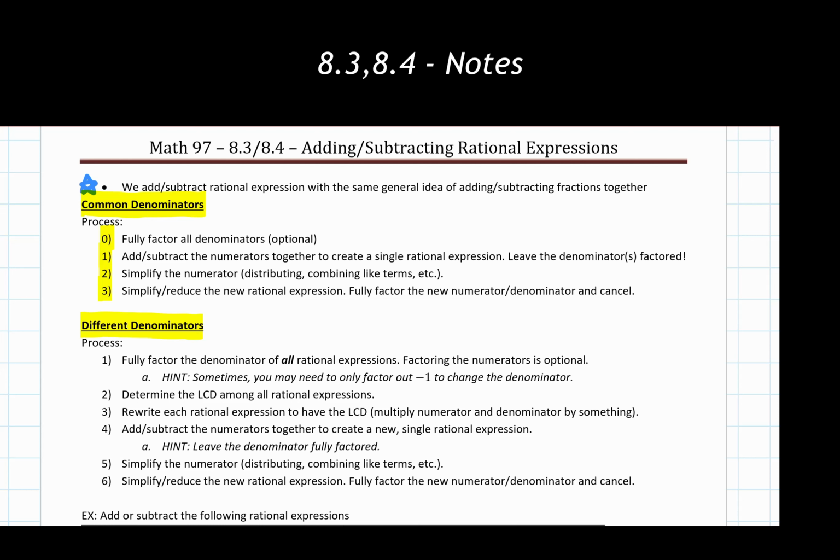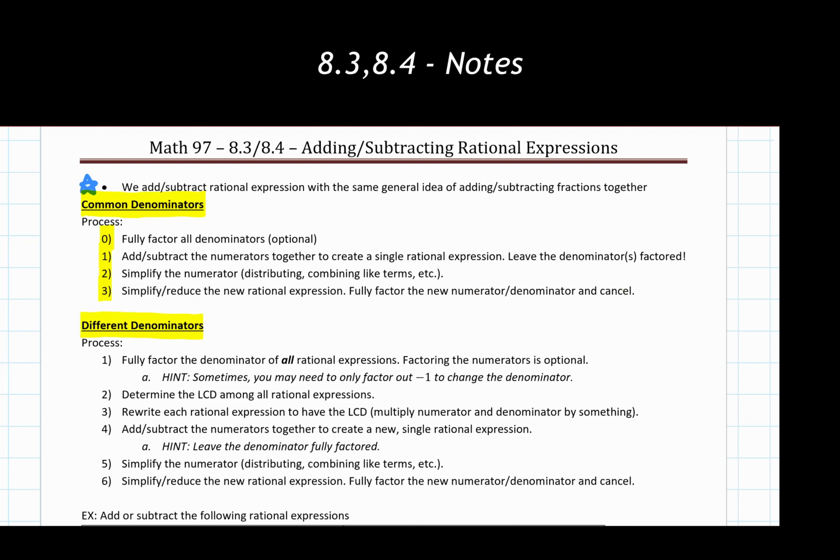So as mentioned at the very start of this process, step 0, fully factor all the denominators, you are eventually going to have to do that at the very end of the problem. The choice is whether you want to do that factoring at the very beginning, where it can be helpful, or at the very end where you have no choice and you absolutely must do that. So just want to note that is where this step 0 links in with what we're doing here at the very end of the problem.